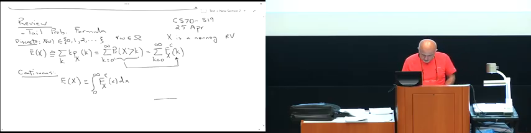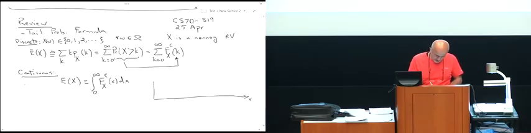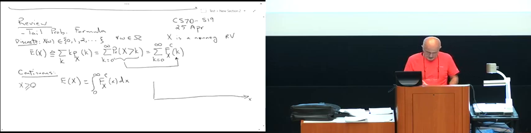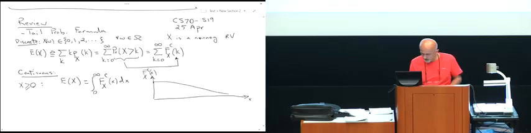And looking at the CDF of a non-negative, so this is now a continuous random variable that is non-negative. So that's the premise throughout. Now, if I plot the complementary CDF for a random variable that's non-negative, all the probability is sitting to the right of the number 0. So this function starts at 1 and decays. Okay?